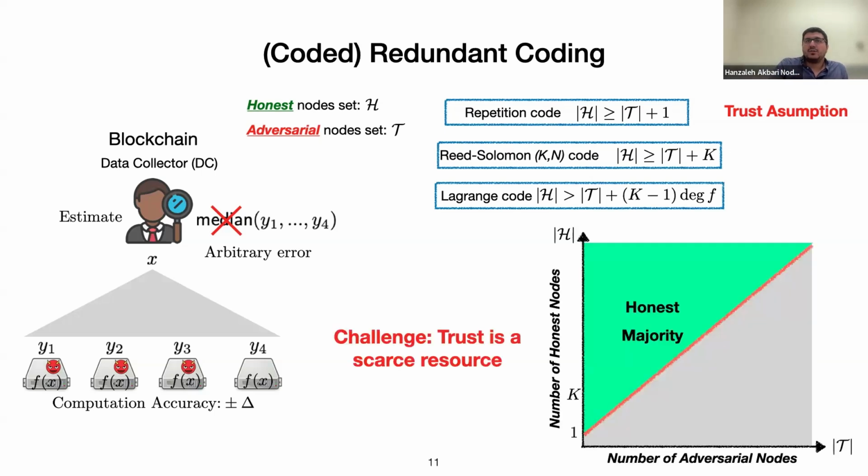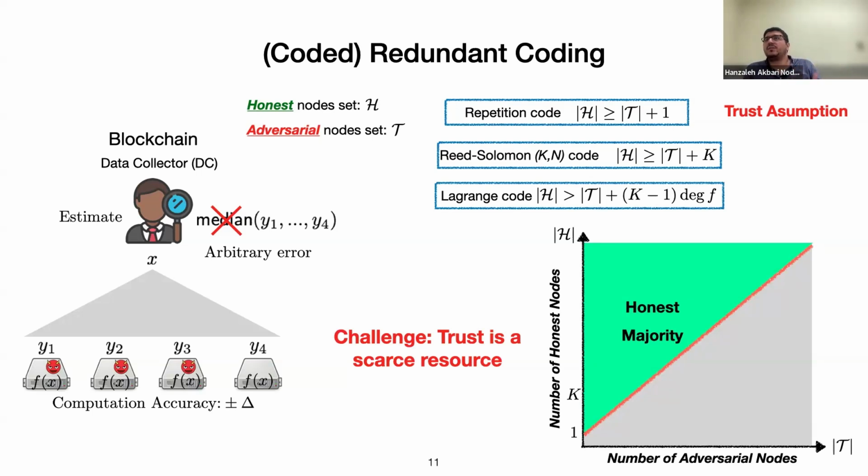So the main challenge is that if we want to use coded redundant computing in cases where we are not necessarily in the honest majority regime, we need a huge trust assumption. And in decentralized applications like decentralized machine learning, trust is a scarce resource. We can't guarantee at the application layer that at least half of the nodes are honest.